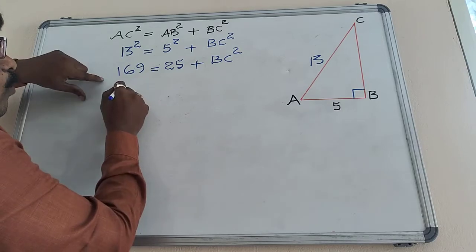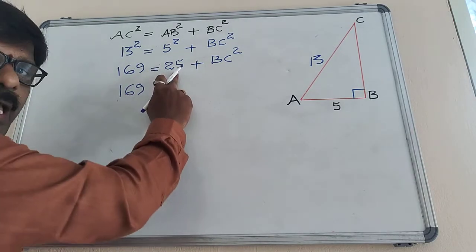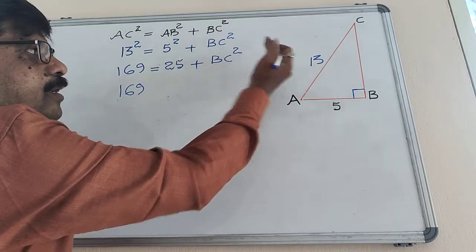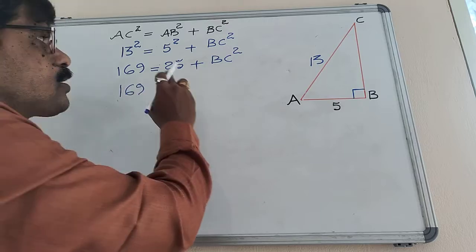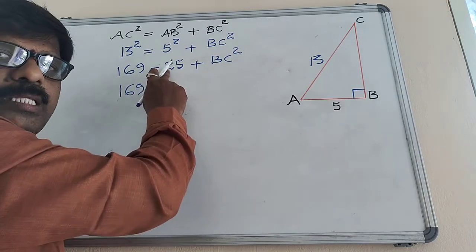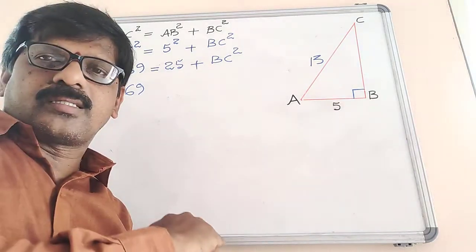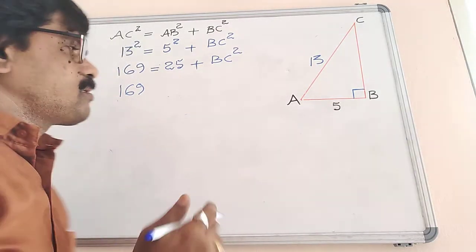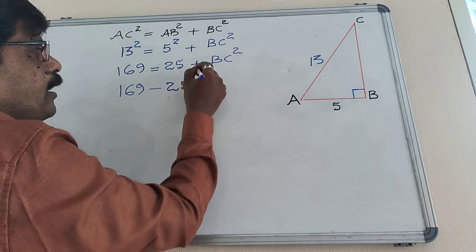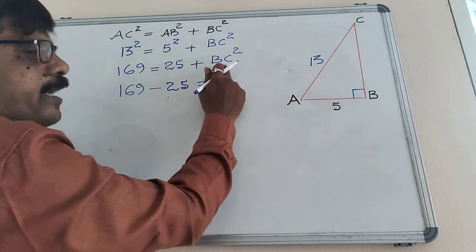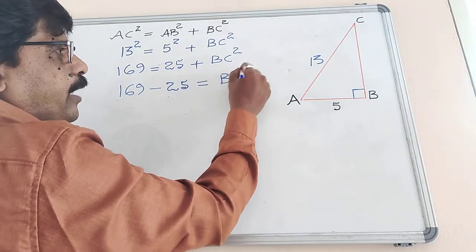Now 169 is on the left and 25 is on the right hand side. Now 25 transposes to the left hand side. The sign of 25 is plus, so when transposed to LHS it will be minus 25. On the right hand side is BC square.